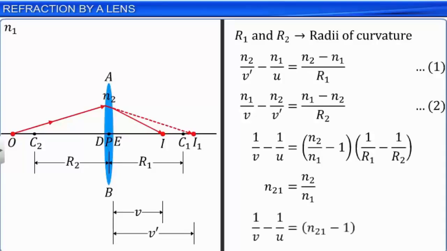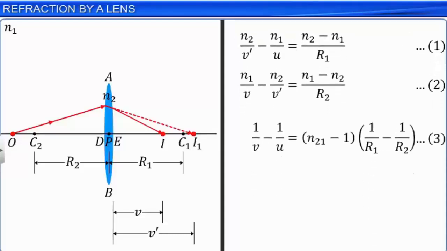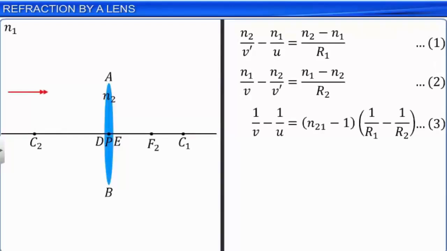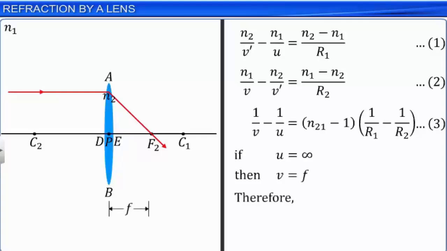This equation is known as lens maker's formula. If we observe equations 3 and 4, the right side of both the equations are identical. Hence, we can equate the terms on the left. Doing so, we get 1 by f is equal to 1 by V minus 1 by U. This equation is known as thin lens formula.